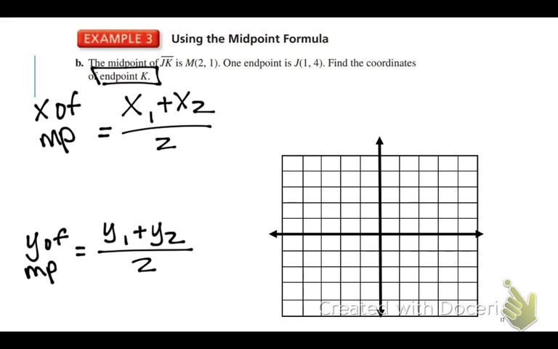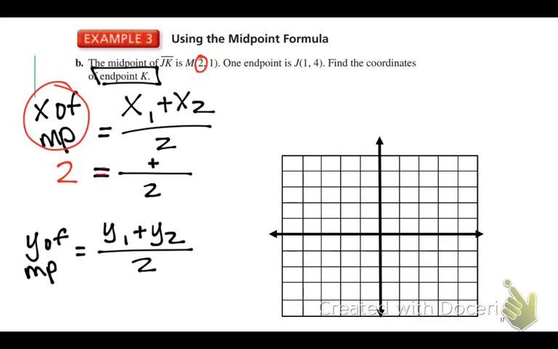Here's why we're doing this. Were we given the x of the midpoint? Yeah, we were. What is it? 2. So guess what we're going to do? We're going to plug it in right there. What did the two x's represent? The x's of the endpoints.